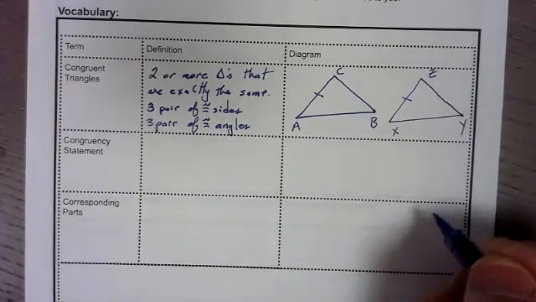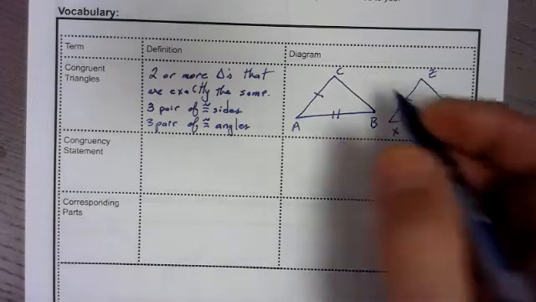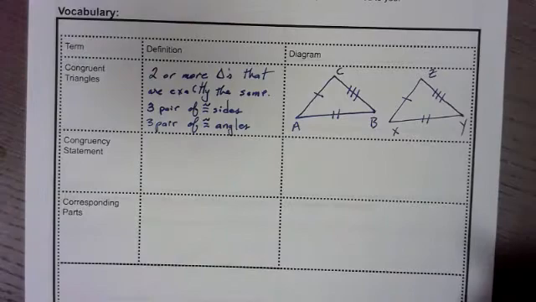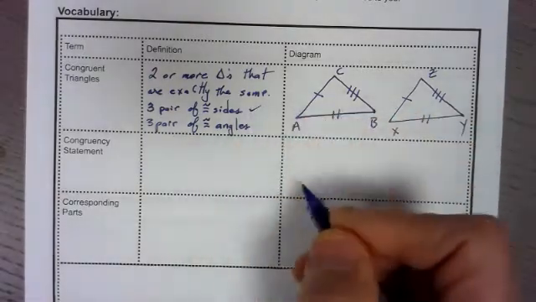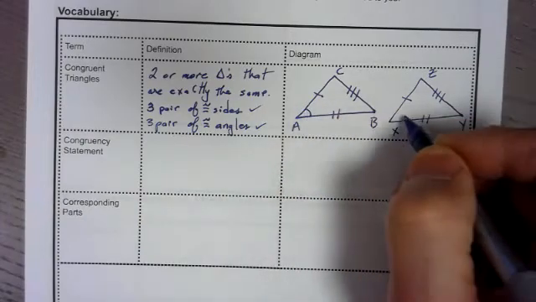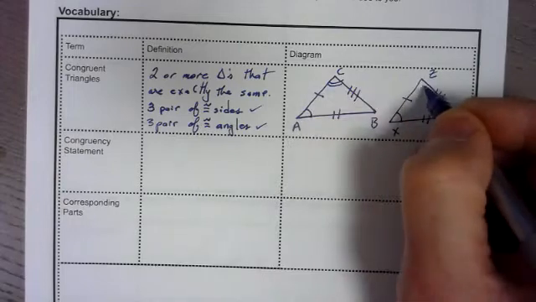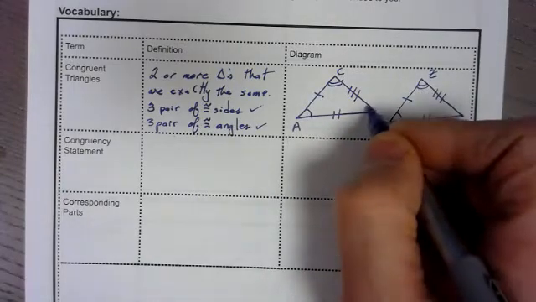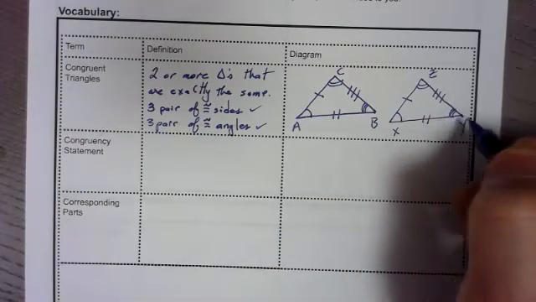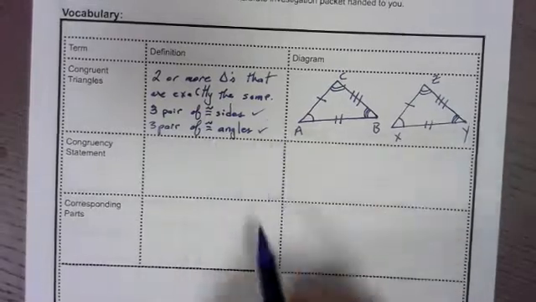AC is congruent to XZ, AB is congruent to XY, and CB is congruent to ZY. So those are our three pair of congruent sides. And we also have three pair of congruent angles. So angle A is congruent to angle X, angle C is congruent to angle Z, and angle B is congruent to angle Y. Three pair of congruent angles, three pair of congruent sides.